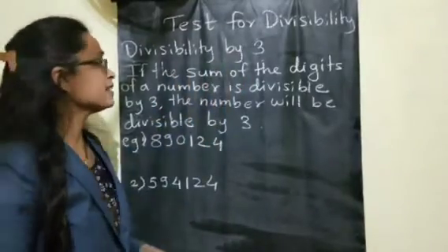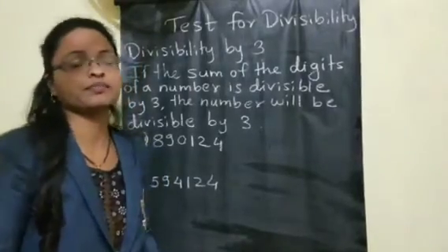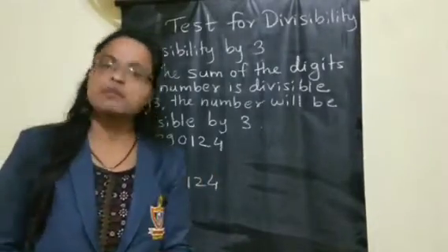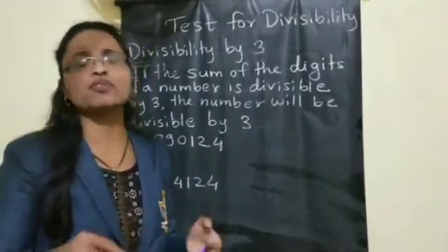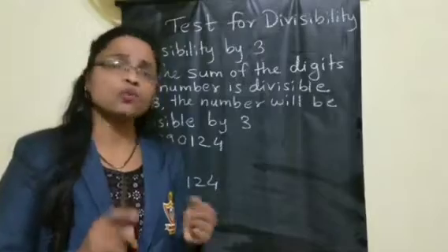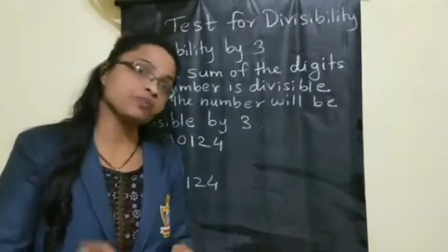Now children, let us take the next divisibility. Divisibility by 3. Now in the divisibility by 3, children, whatever the number of digits are given, maybe 3, 4, 5, 6 and so on, what you have to do is add all the digits and make the total.